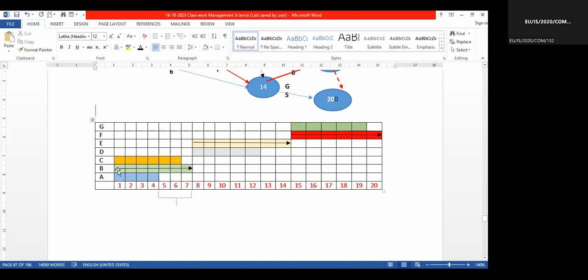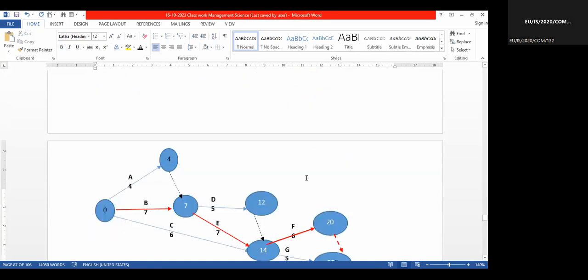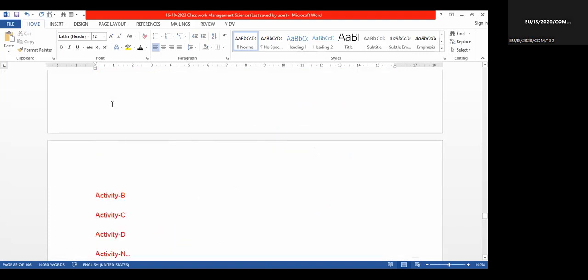Critical activities cannot delay. There are 3 critical activities: B, E, and F. B, E, F cannot delay because you see the arrow marks, I am saying starting from 0 to here 7 days, then E starts from here, then F starts from here. So B, E, F are critical activities which follow the critical path. In this table, what are the critical activities?